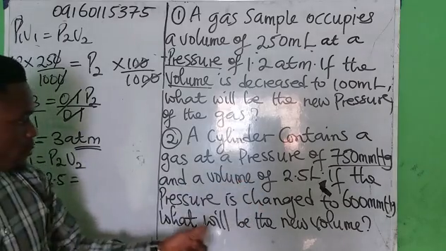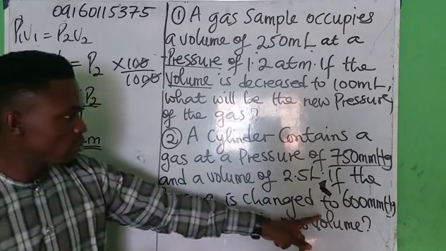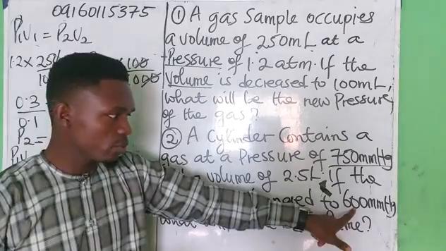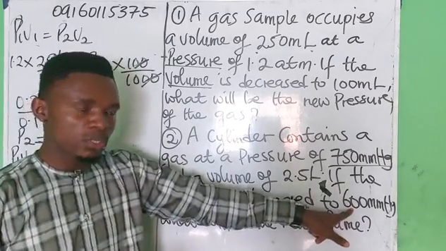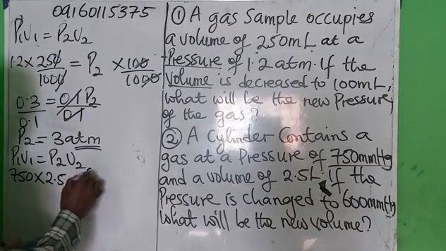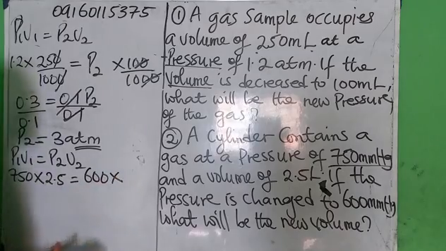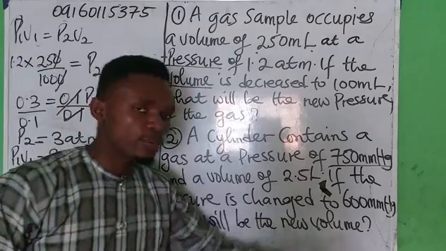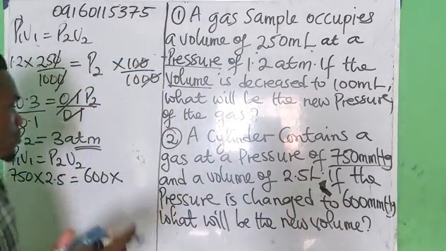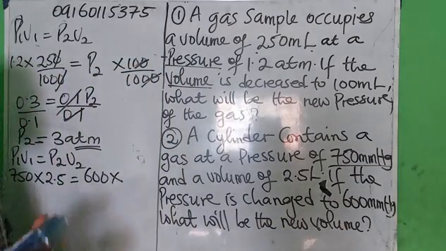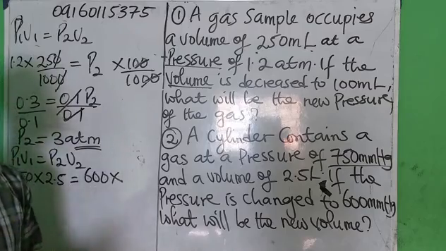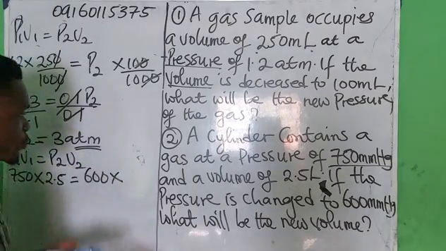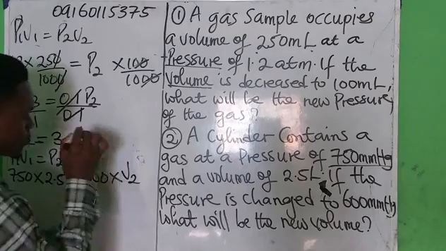Then if the pressure is changed to 600, this becomes the P2. What will be the new volume? The new volume is V2, the new pressure is P2. So this becomes V2.